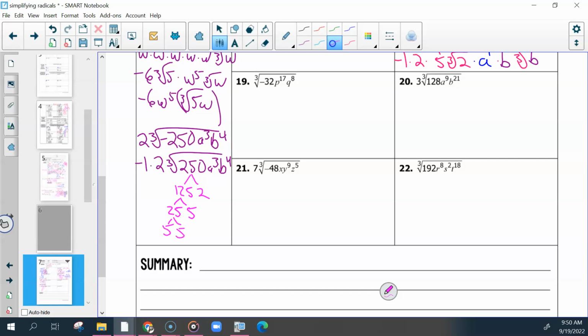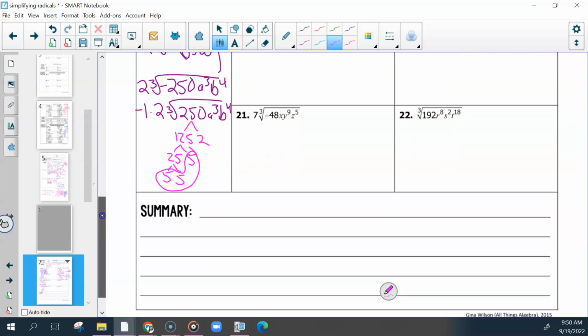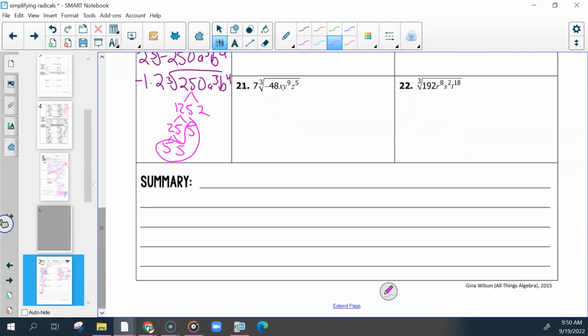Then you're looking for groups of 3 so that 5 will come out. I'm running out of space, so we're just going to write this where I have space. So negative 1 times 2 times 5 with that cube root of 2. And then we have a to the 3rd, b to the 4th.